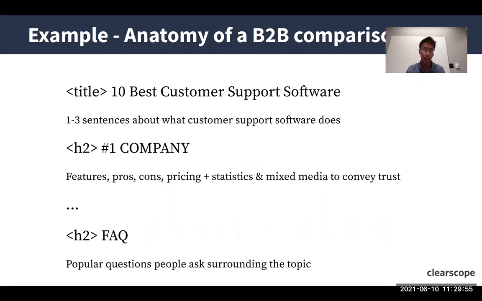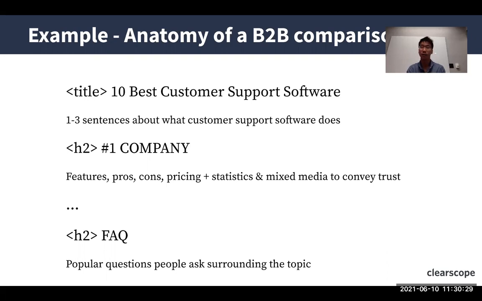So this is the rough anatomy of a comparison page, right? Just 10 best customer support software. Again, just a few sentences describing what it is and then jumping straight to the point, right? Number one, this, blah, blah, blah. I think what a lot of people will do here as well is, if you're in a pretty broad category like customer support software, where you could service multiple different industries, they might break that out by the categories of the top industries that they might service.